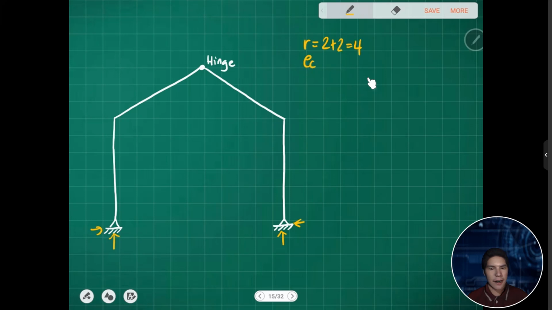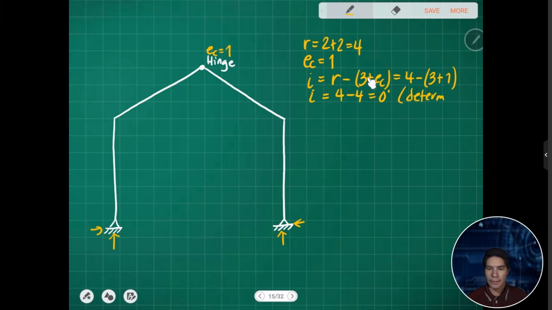Since we have an internal hinge, the condition equation AC is 1. So the I will be r minus 3 plus AC. So we have 4 minus 3 plus 1. So I is 4 minus 4, so we got 0 degrees. Therefore the structure can be analyzed using equilibrium equations.